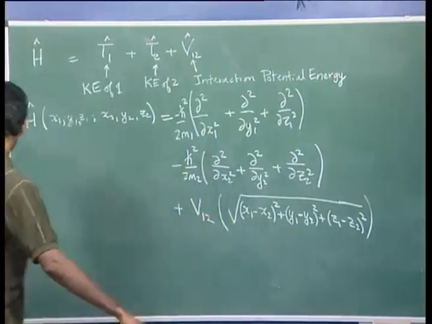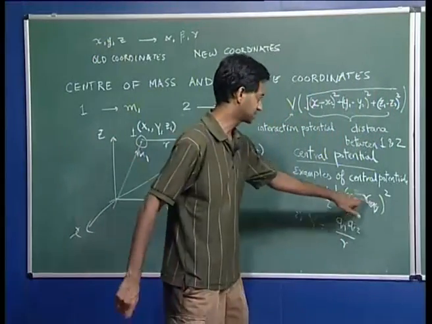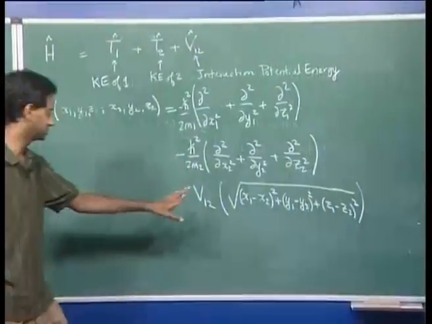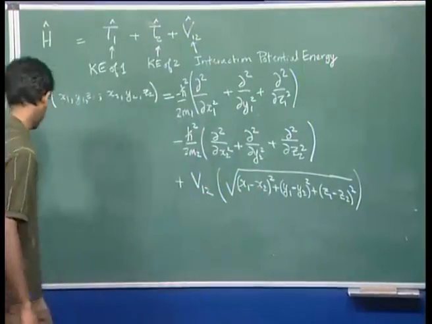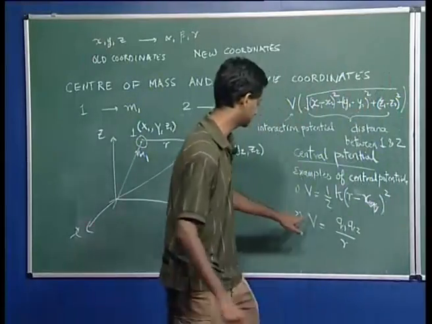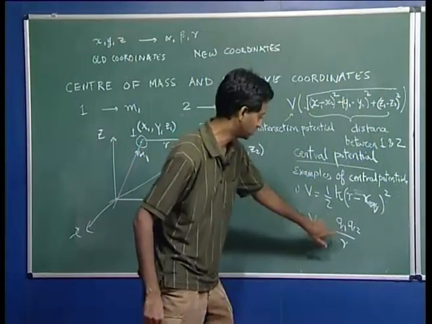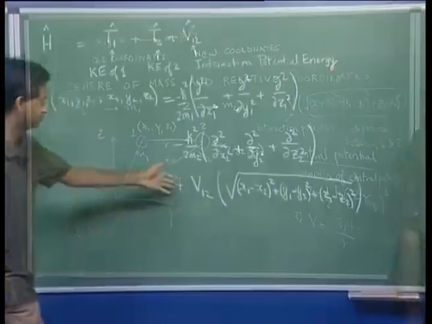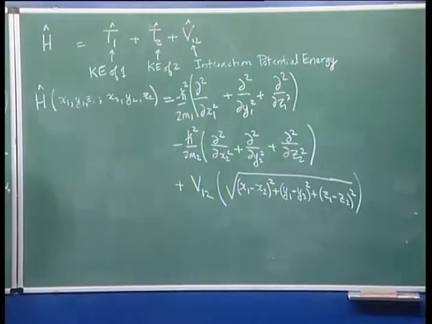If this form is half k (r minus r equilibrium) square, the operator form will just be multiplying by half k into this square. Similarly, if this form involves a 1 over r, the operator form will also involve multiplying by 1 over r.